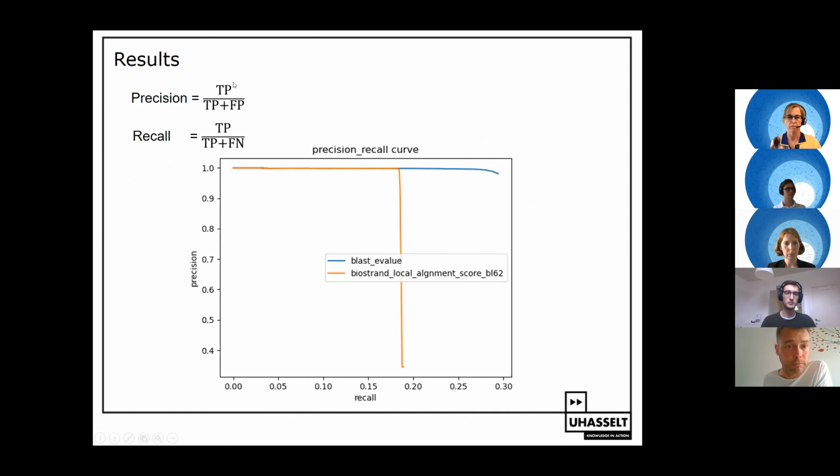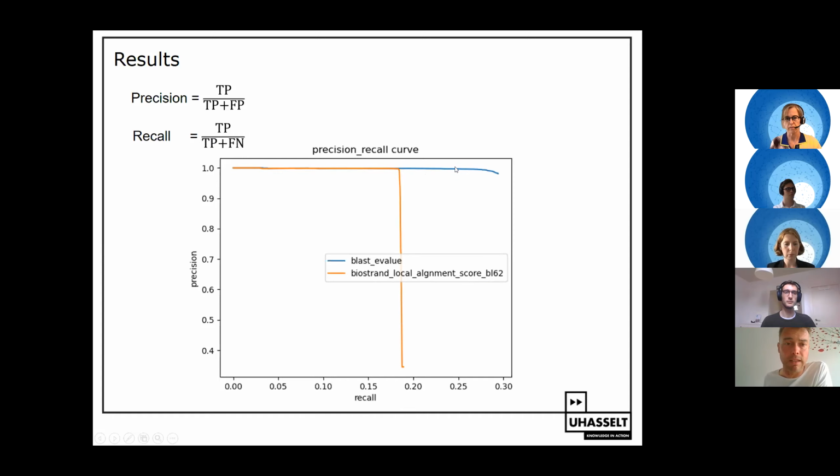And recall is the proportion of true positives over the true positives plus the false negatives. On this curve we have precision on the y-axis and recall on the x-axis. The yellow curve is produced by the BioStrand algorithm, sweeping over this local alignment score. The blue line is the BLAST algorithm.